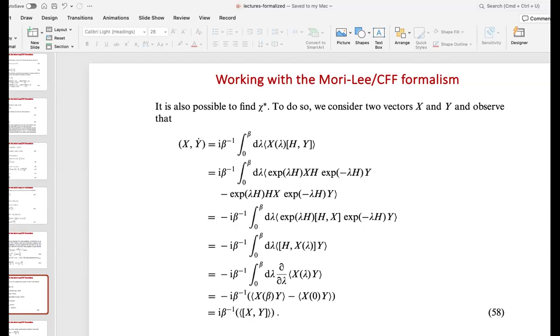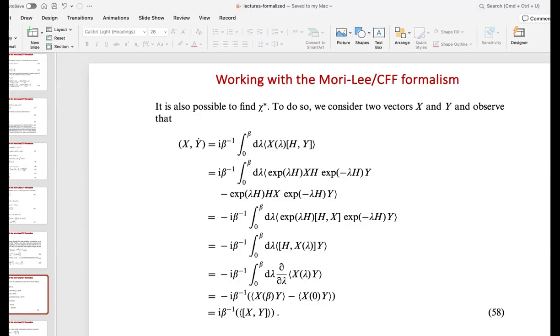So suppose you have these two vectors in your vector space, x comma y dot. Then it turns out that this x comma y dot can be written as i times beta inverse average of the commutation of x and y. Okay? It's no simple thing.